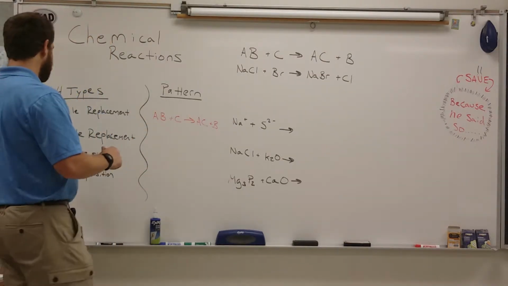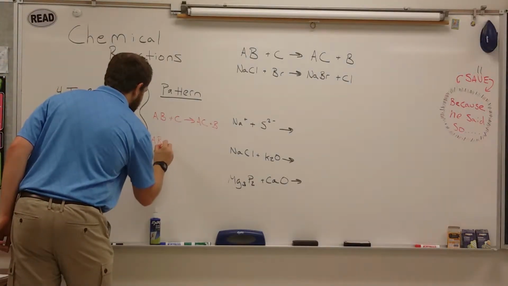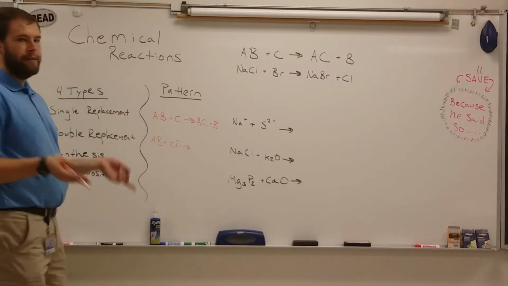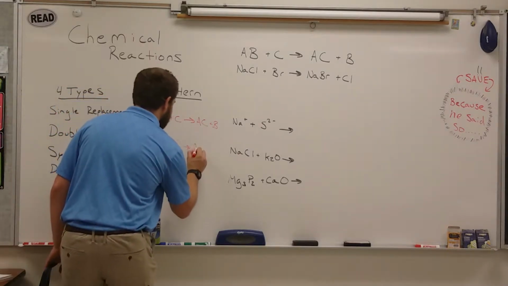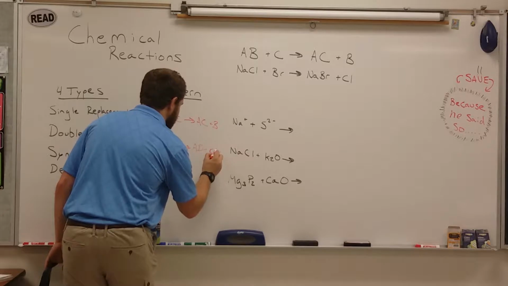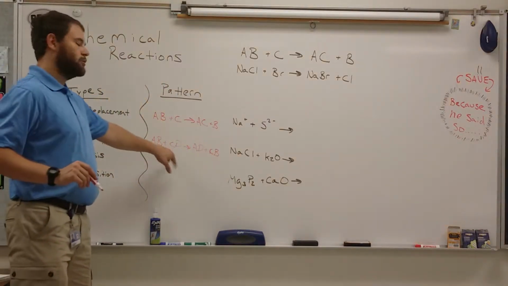Double replacement is the same idea, except in this one, AB would be paired with CD, and they would flip-flop each other. So A would pair up with D, and B would go with C. It's kind of like, I call it the switcheroo reaction.